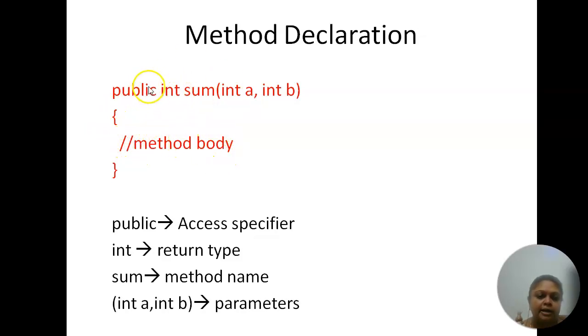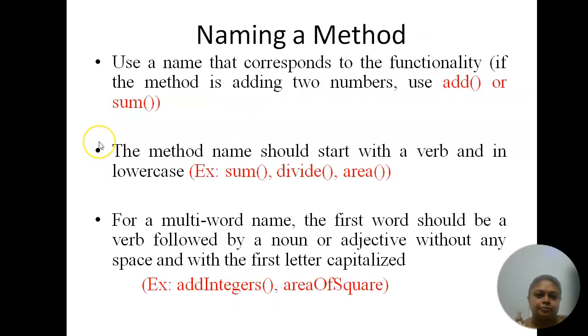Here public is an access specifier, int is the return type, and sum is the name of the method followed by parameters. It can have no parameters, or we can have as many parameters as we need. This is the syntax for declaring a method.